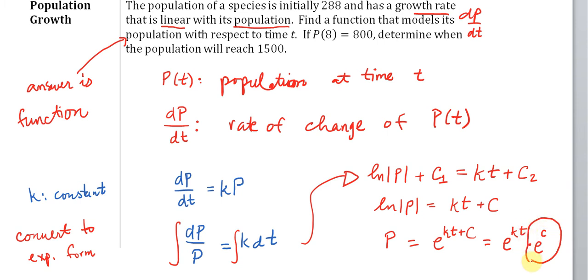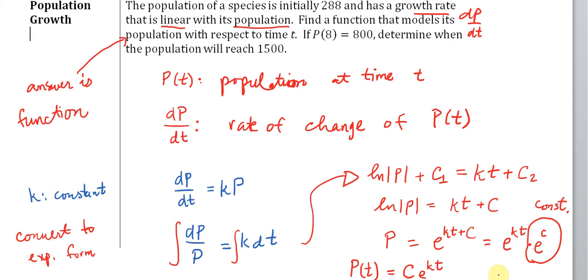Now e is a constant, c is a constant, so this here is also a constant. And so my final and simplest version that I can write for this is that P of t is equal to, I'm just going to move the constant in front, C e to the kt.